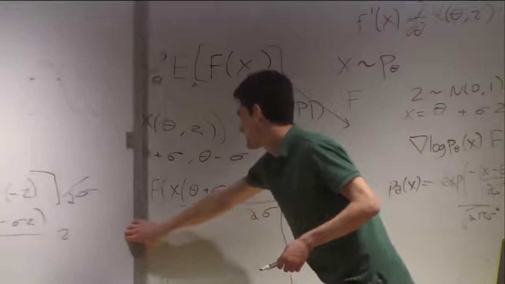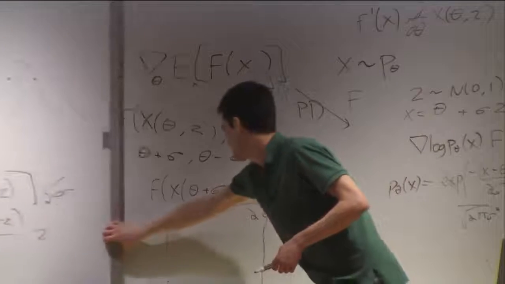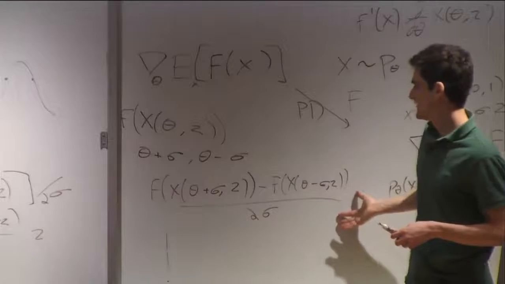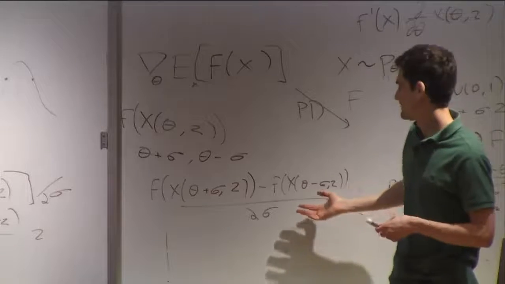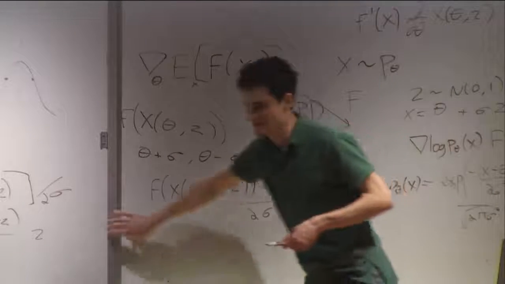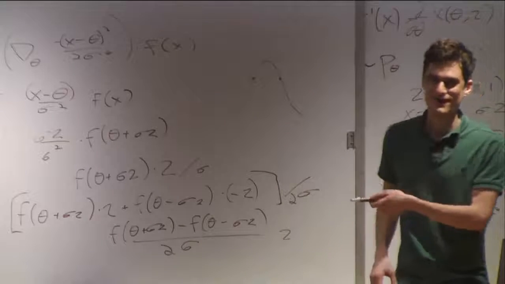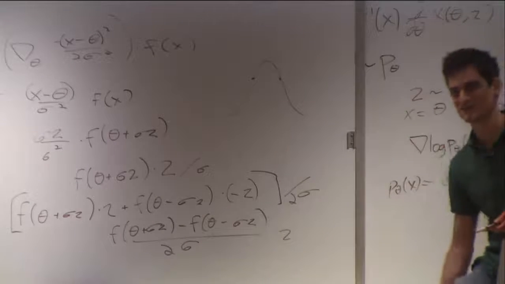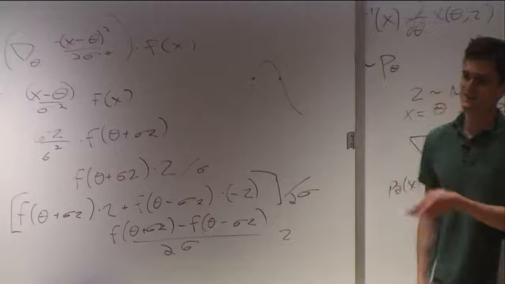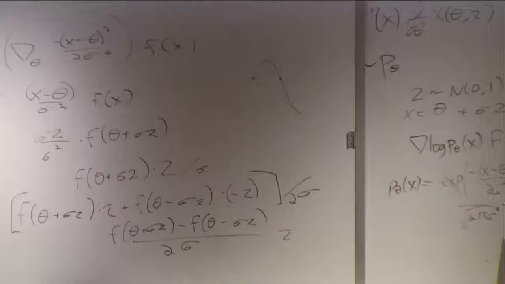So, oops, I can't show you both at the same time. Here's the finite difference where you're taking the difference and dividing it by the step. And here's the score function gradient estimator, where you're sampling from a Gaussian distribution and then using the score function estimator. So these two things are very similar.